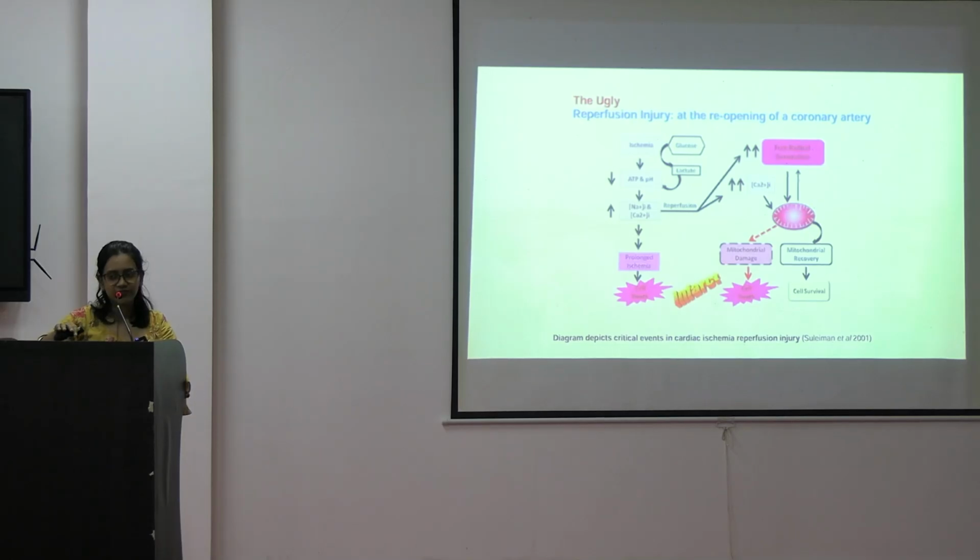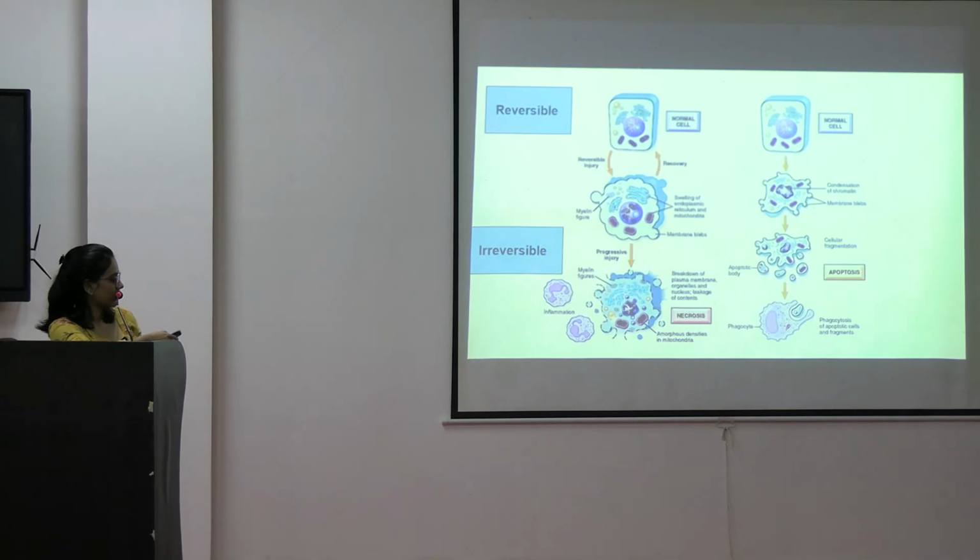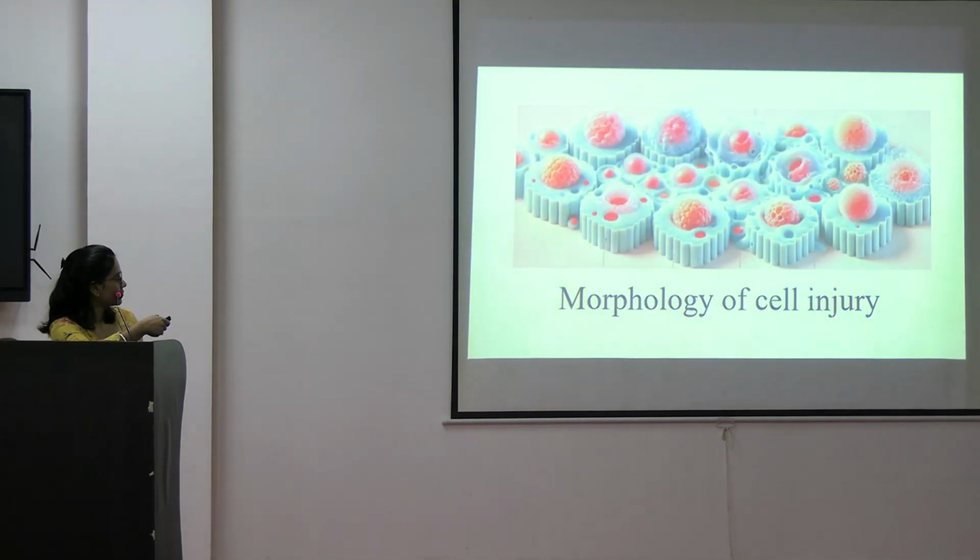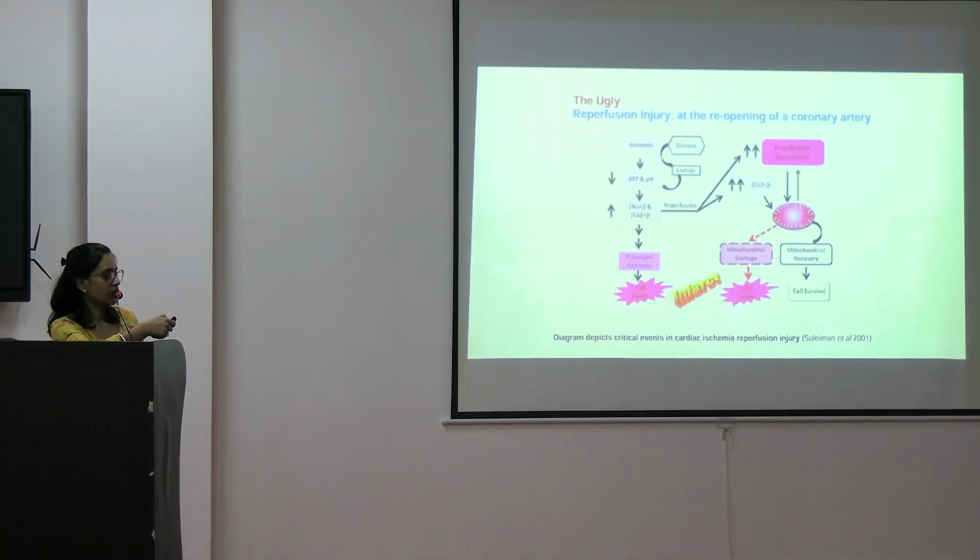No? Are you guys understanding? Let me know, give me some cues, otherwise I'll repeat it. Is it clear till now? So in those cases, what will happen? There will be generation of free radicals from the affected cells. What will this free radical generation do? It will affect the mitochondrial membrane, so there will be damage.